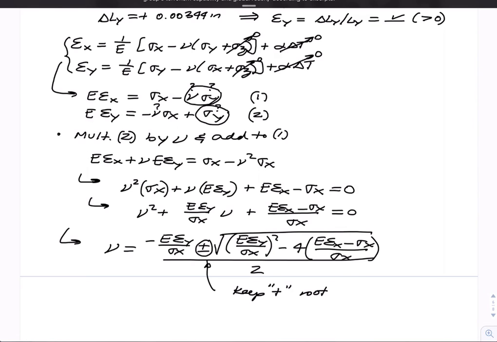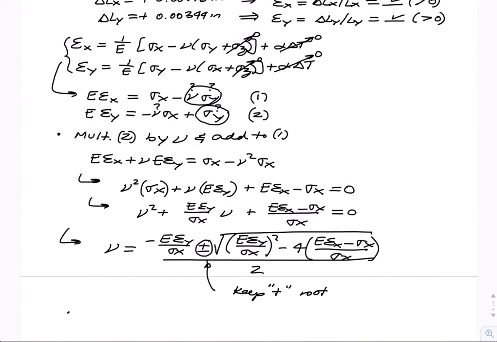Once that's done, we can go back to, let's say, equation 1. At this point, we know everything from equation 1 except for sigma y. So that's going to be sigma x minus E epsilon x, divided by the value of nu that we just found. We're given sigma x, E, and epsilon x.